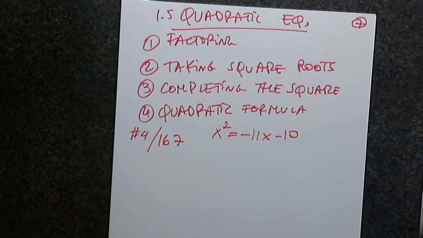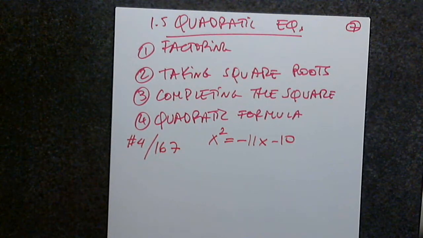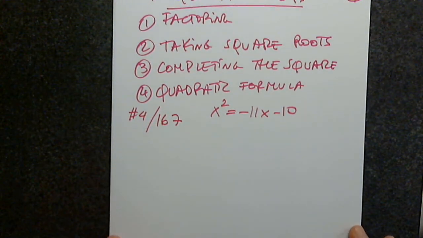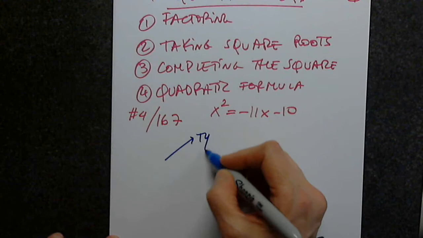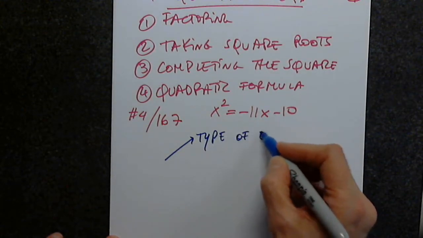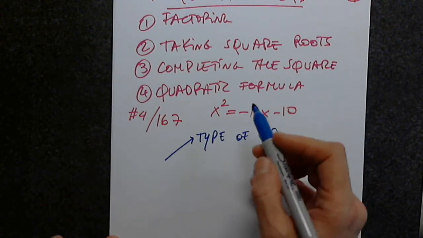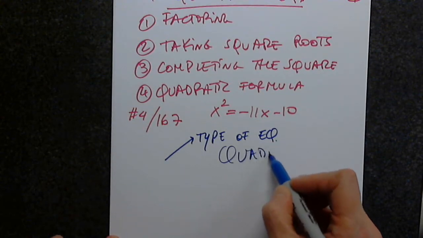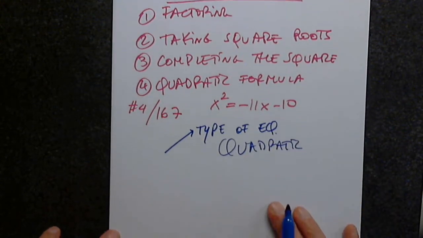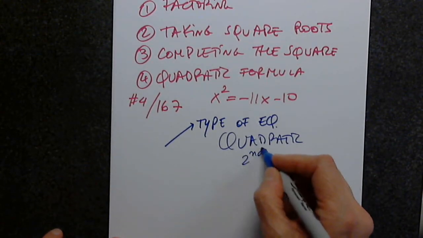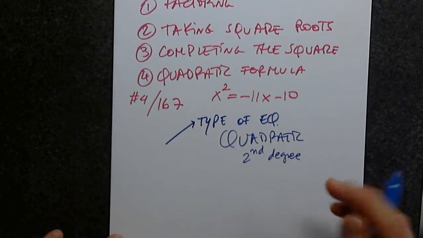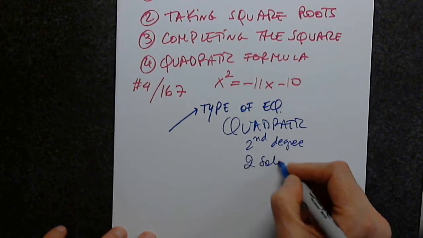So what type of equation is it? Okay, very good. So let's differentiate between two things. Type of equation, I have to answer in this case quadratic, which means second degree, which means two solutions.